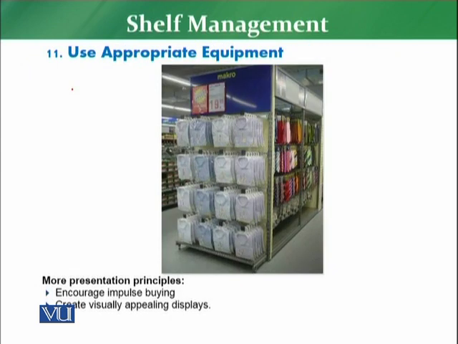About the 11th principle: using the appropriate equipment. As we have discussed in general about equipment, for example, for the mass display, the product should be on pallets. If it is a display placing shirts, there have to be proper hangers available. If we are going to display LEDs or televisions, then there should be a proper wall mount bracket as equipment. All products normally have some requirement related to equipment.